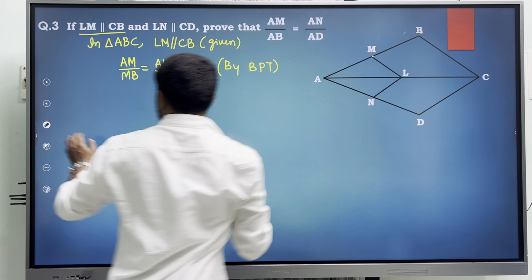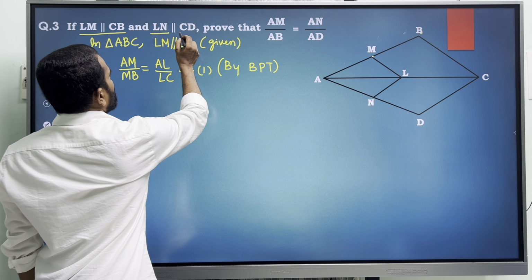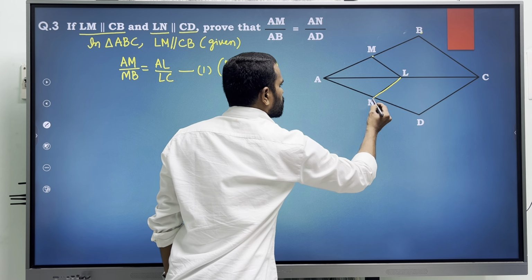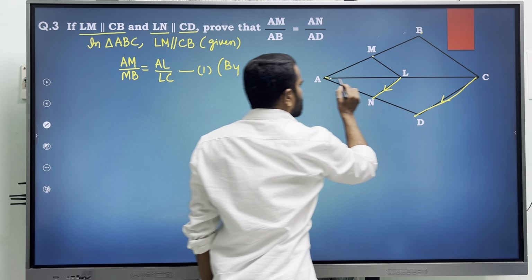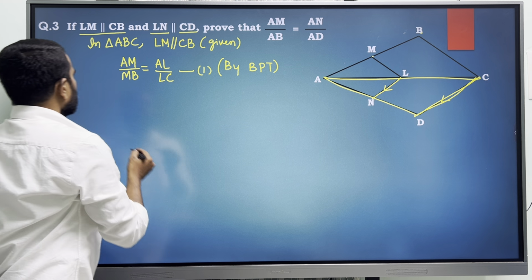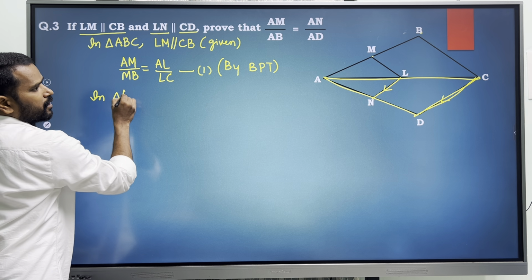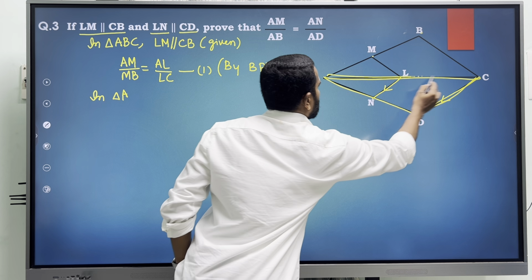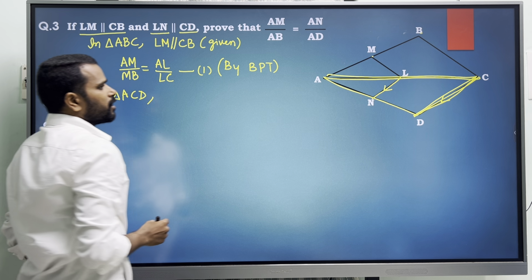See here, LN is parallel to CD. In that case we have to take this triangle, triangle ACD.